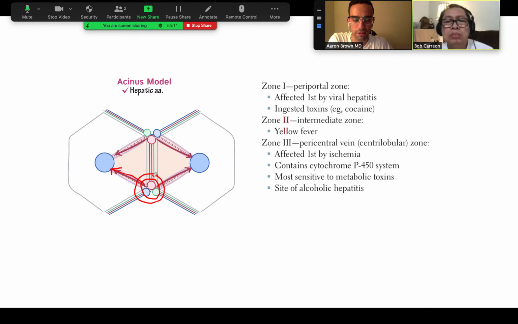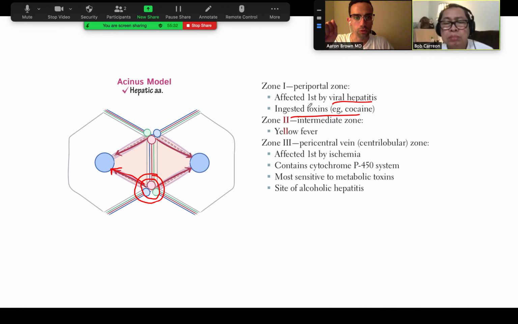Periportal zone is affected by things in the blood that kill hepatocytes. Okay, so think about viral hepatitis. Think about ingested toxins. If you're giving someone things that are very lethal to hepatocytes, the first hepatocytes to be touched are going to be the ones affected.